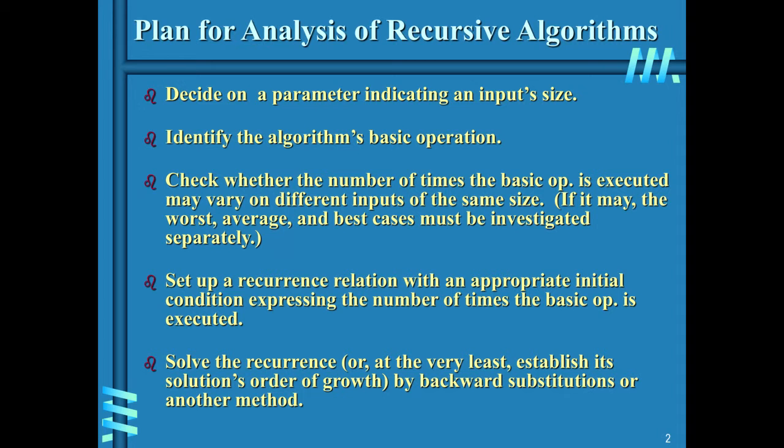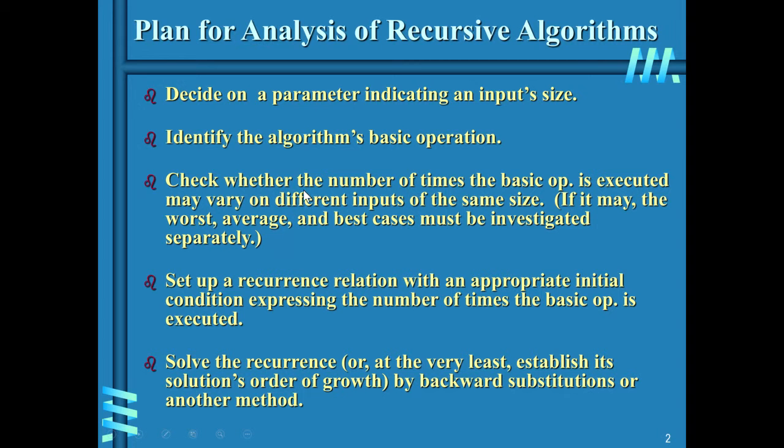The guideline for analysis of a recursive algorithm is as follows. First, we have to decide on a parameter indicating input size for the runtime growth function. Then we have to identify the algorithm's basic operation. This is the same as for non-recursive time complexity analysis.